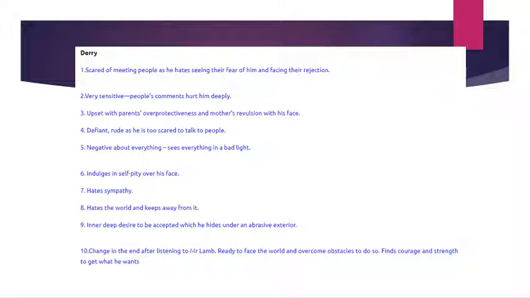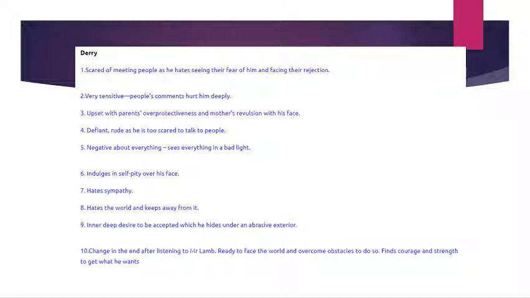Now let us try to understand the character of Derry. He is scared of meeting people as he hates seeing their fear of him and facing their rejection. And that is why he's always keeping himself aloof. Very sensitive, people's comments hurt him deeply. Upset with his parents' overprotectiveness and his mother's revulsion at his face. Defiant and rude, as he's too scared to talk to people.